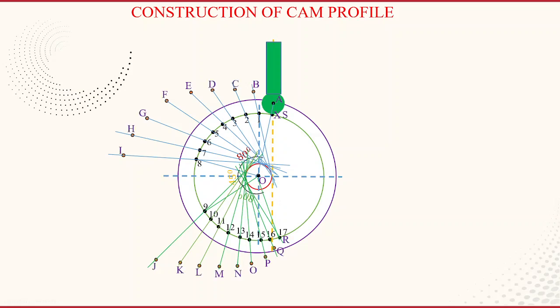Now you can see A, B, C, D, E, F, G, H, I, J, K, L, M, N, O, P, Q, R, S. These are the points. So now what we can do, take these points as the centers and the roller radius and draw the circles. You can see that we completed all the circles. Now we can draw the smooth curve, which is tangent to all these rollers.